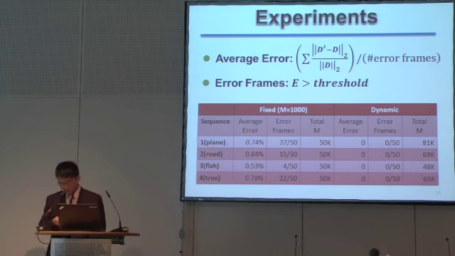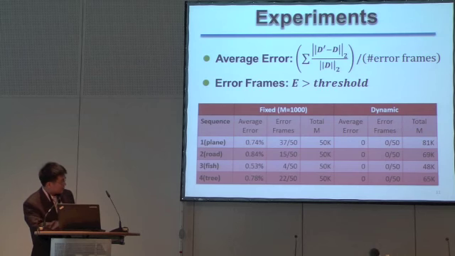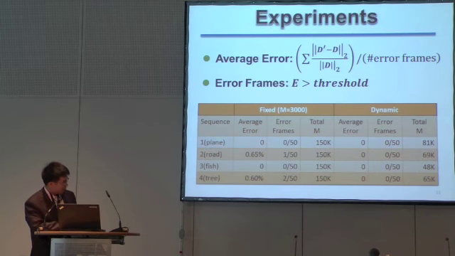Then we raise the measurement to 2000. We can see error frames are lowered, but it still has errors, not like the dynamic method. And we further raise it to 3000, and there are still some errors.